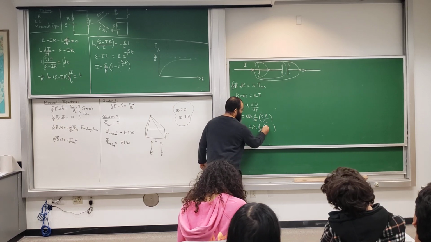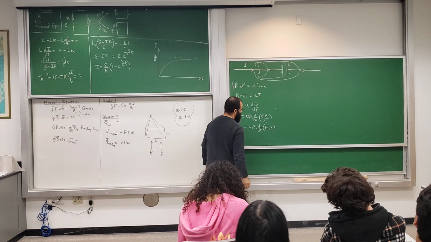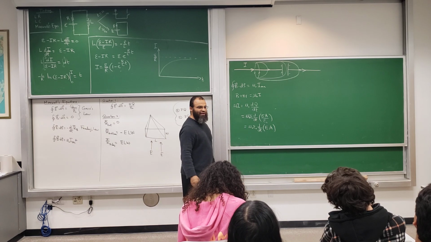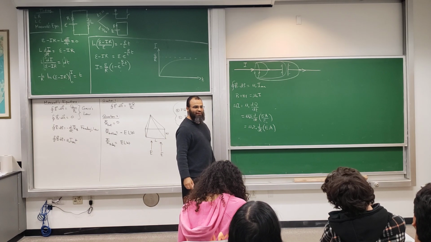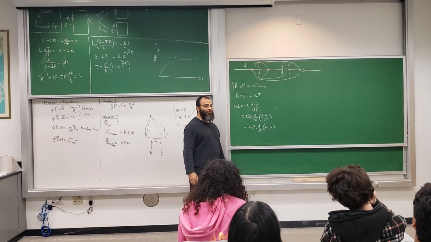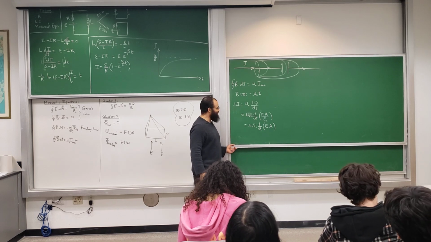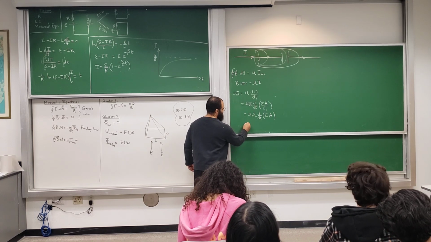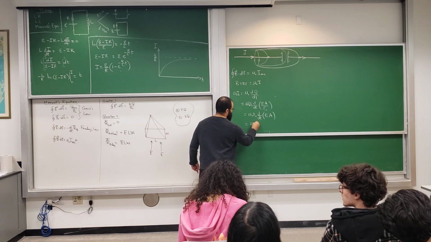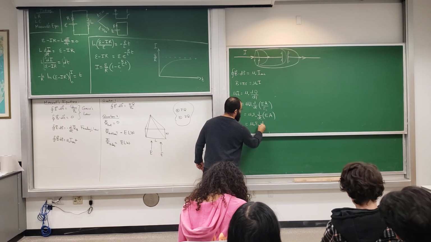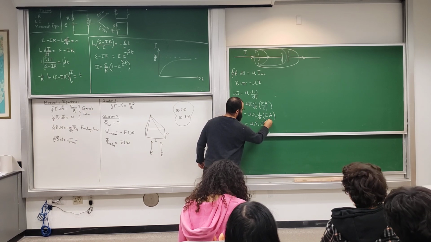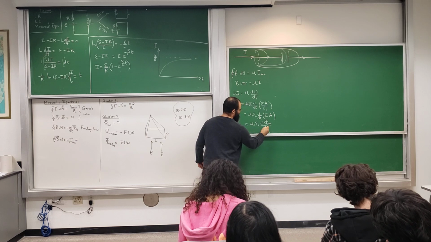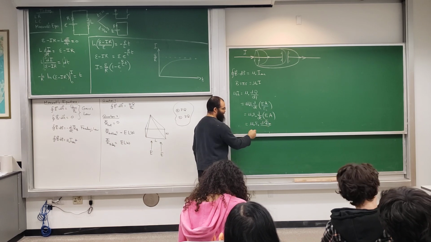So this is the electric field times the area. Now what is the electric field times the area? That's the electric flux. So this is mu naught epsilon naught d electric flux. I'll put electric here because we get magnetic flux and we have electric flux.